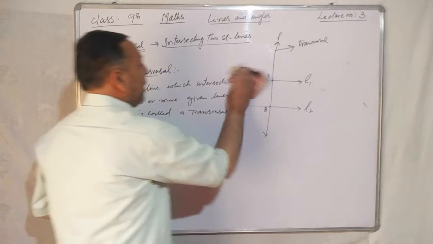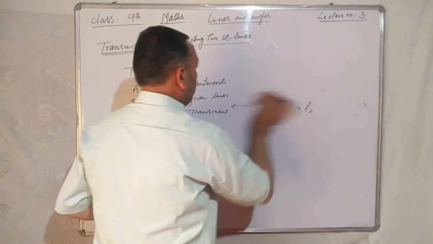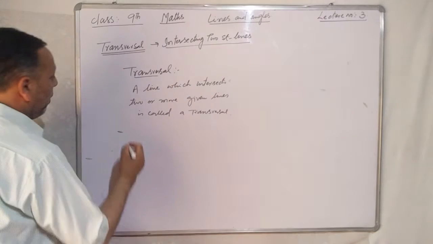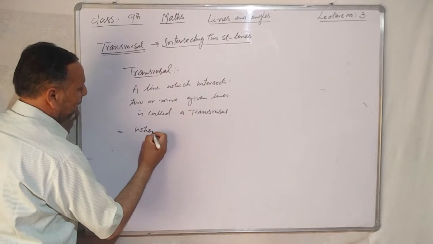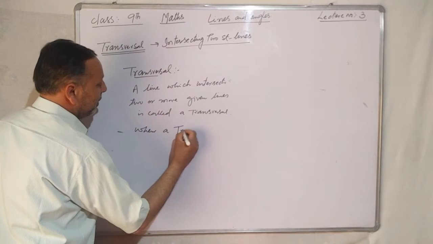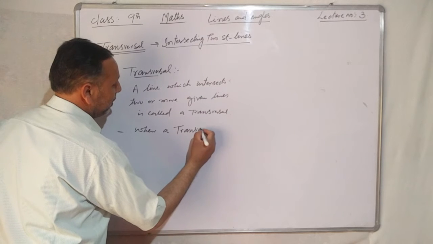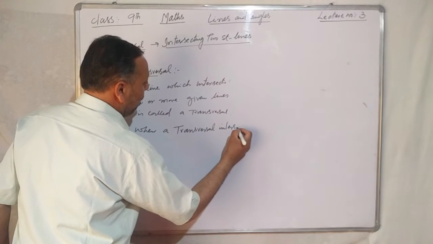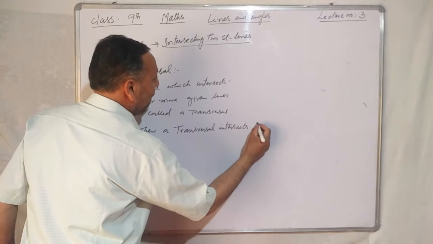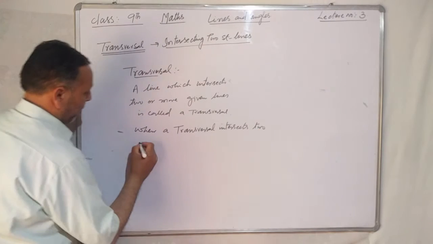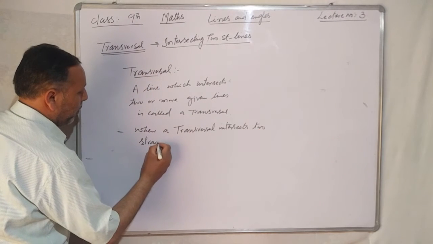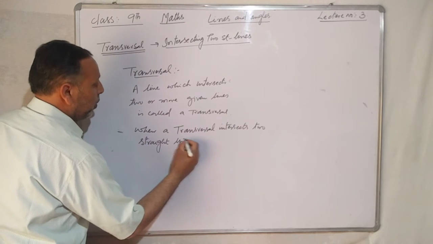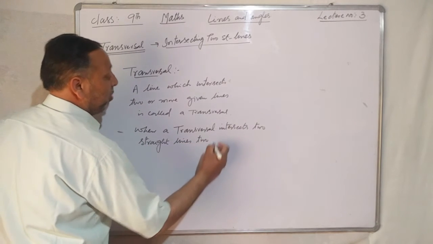Now, let me draw a diagram here. When a transversal intersects two straight lines, two types of angles are formed.